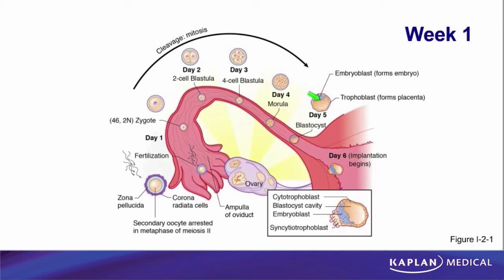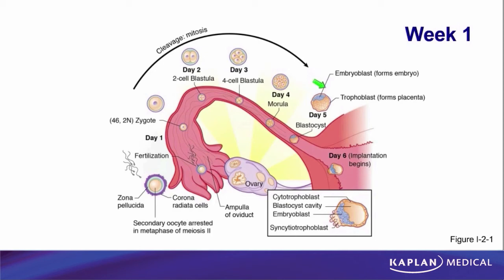Those inner cell mass cells, those embryoblast cells, are the same cells that you'll often hear referred to as embryonic stem cells. In other words, each one of those cells has the capacity to differentiate into any cell type that will be found in the future embryo. So if you were to take a blastocyst, take the inner cell mass out of the blastocyst and dissociate those cells in the laboratory, each of those dissociated cells would be an embryonic stem cell.